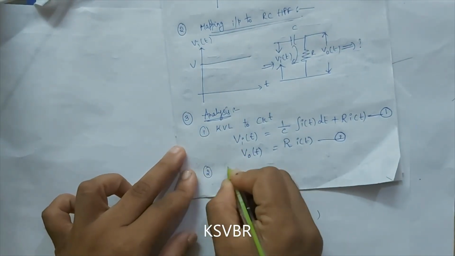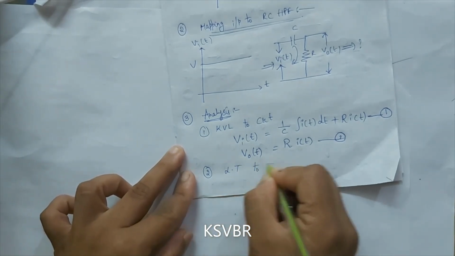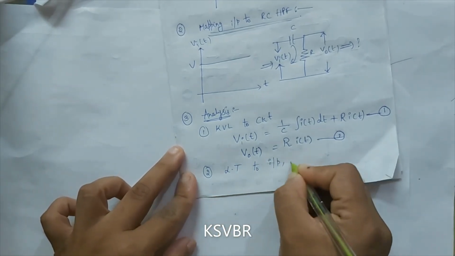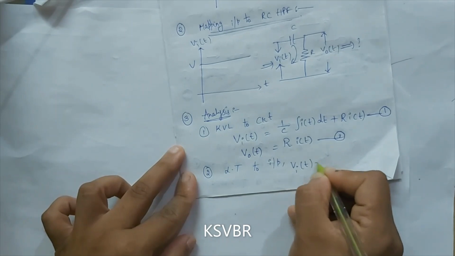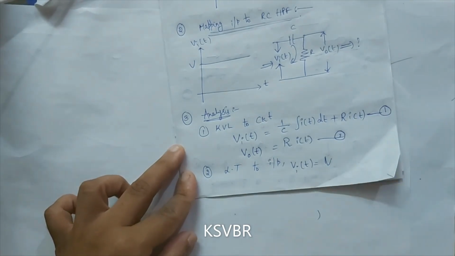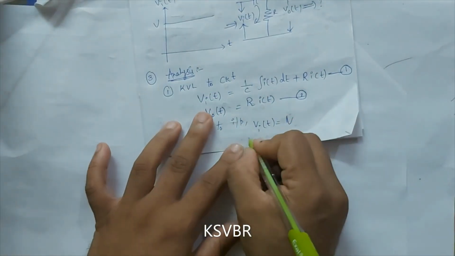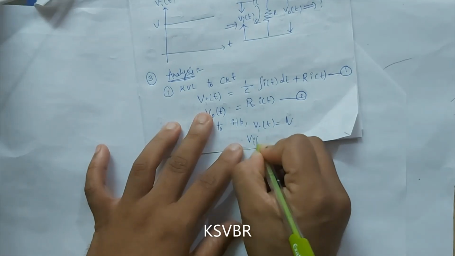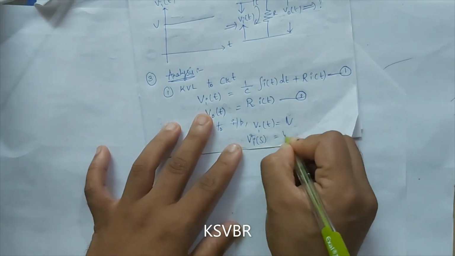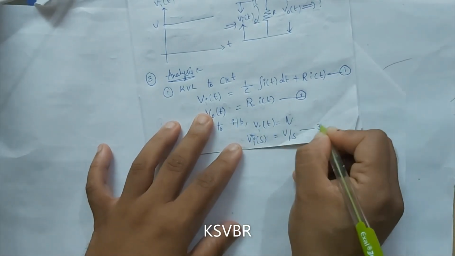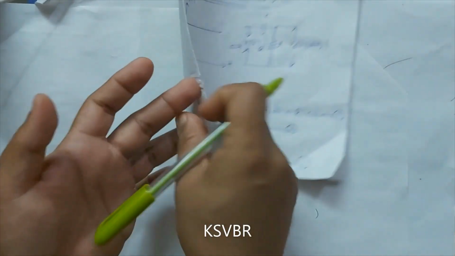Second, Laplace transform to the input. So Vi of t is equal to V, we have seen this. Whenever we apply the Laplace transform to that, Vi of S will be V by S. Equation number 3, keep it aside.